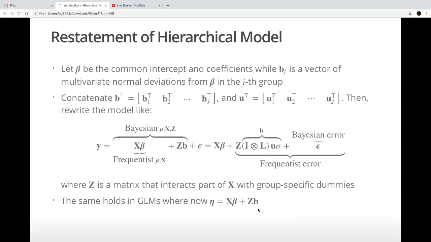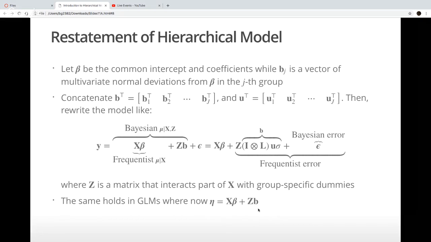And then if we stick all those group-level deviations B together, concatenated to make a big long vector, then we can write the model in basically two ways: one which lends itself to Bayesian estimation, and one which lends itself to frequentist estimation. And as is usual, these things are much more different than perhaps they appear.